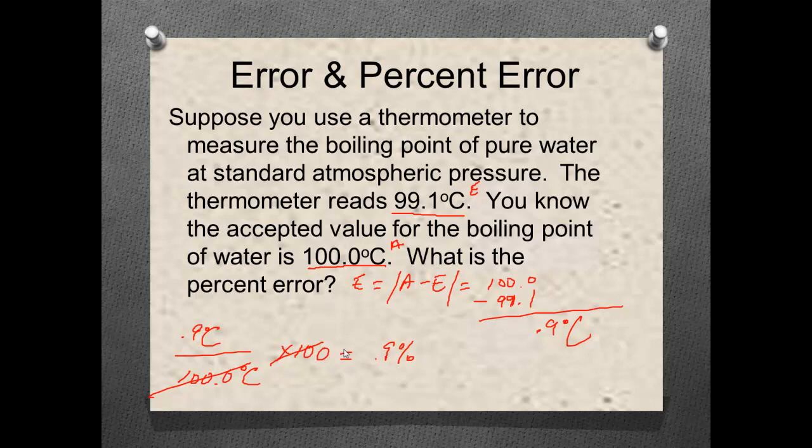Now, these two numbers don't always cancel out. It just so happens that my accepted value here was 100. This number is going to change depending on the problem. This number right here will always be 100, always. That was confusing to a few people in this problem. So there is my percent error. That is my answer.